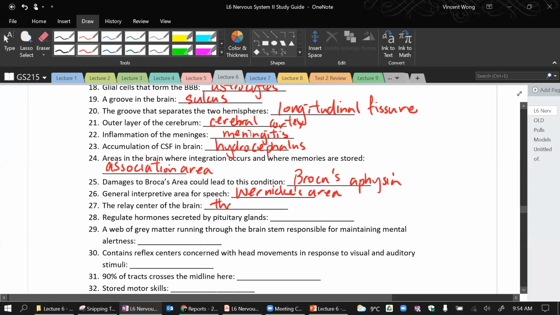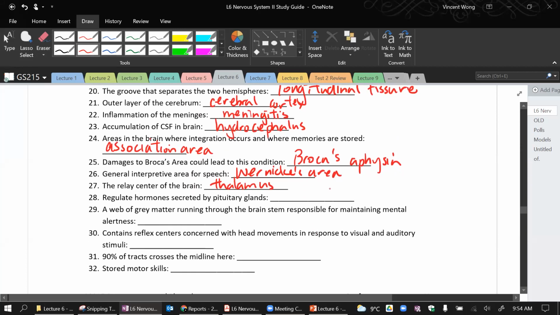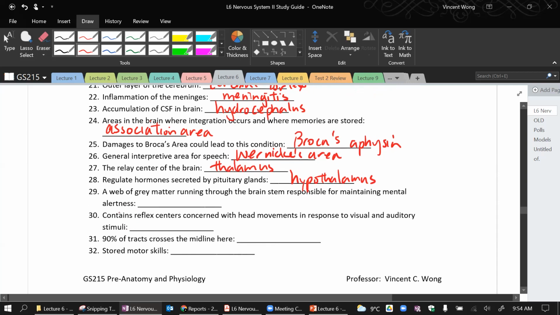Relay center of the brain, thalamus. Regulate hormones secreted by the pituitary gland, that is the hypothalamus, the master gland. A web of gray matter running through the brainstem responsible for maintaining mental alertness.